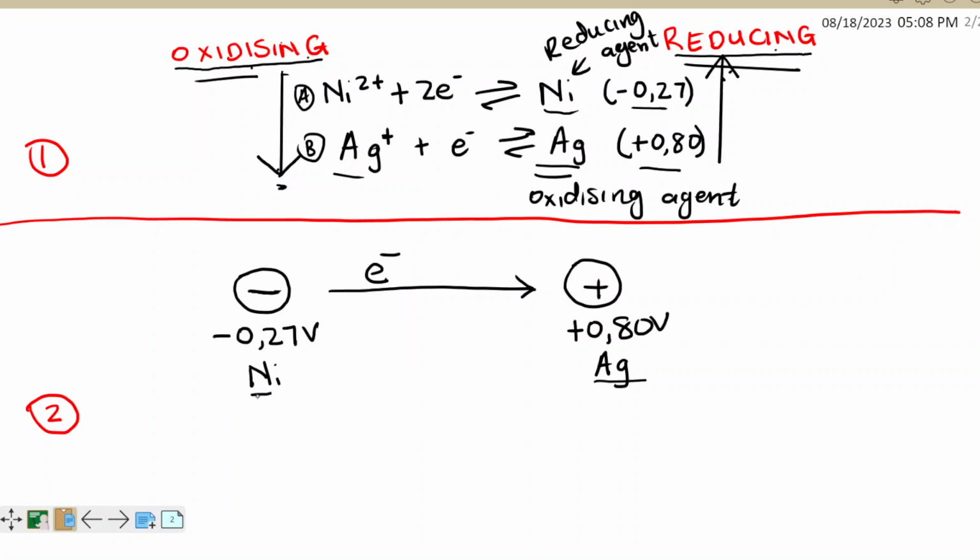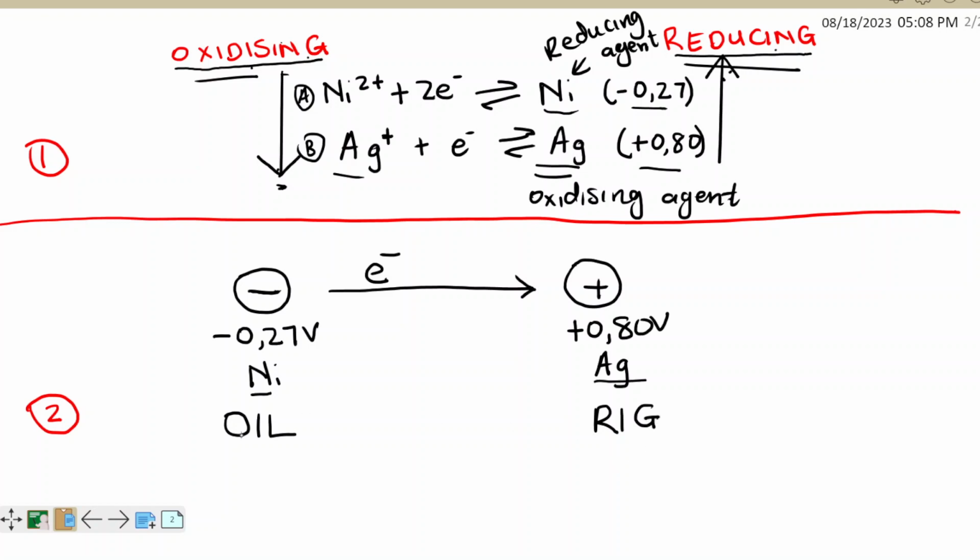So remember, the loss of electrons, what is loss of electrons? Loss of electrons is oxidation. We know oxidation is loss of electrons. The one that gains electrons, which is silver now, what is the gain of electrons? We know reduction is gain.